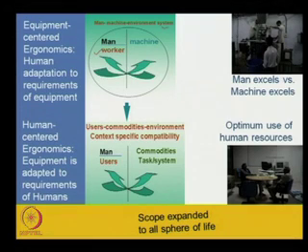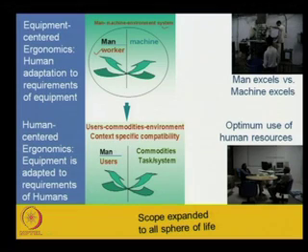In this case, we can say that man excels in some points versus where machine excels. Now, how to match these two excels to get maximum benefit, the productivity? That was the consideration at the beginning, and that was considered as equipment centered ergonomics, human adaptation to requirements of equipment.